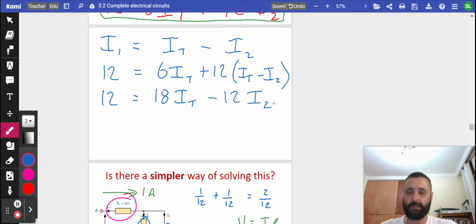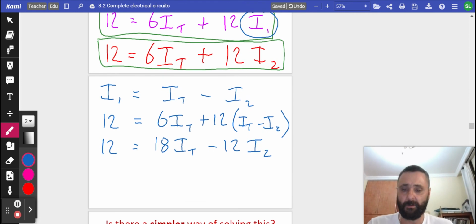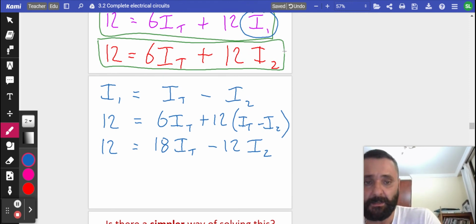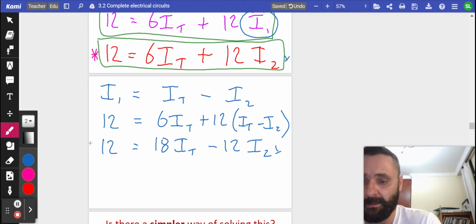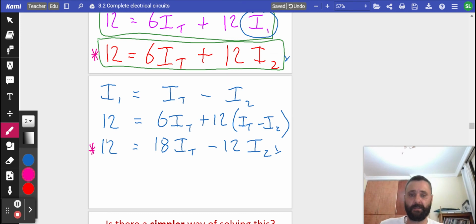Okay? Now, what about this equation here and this equation here? I'm going to add that equation to that equation there.